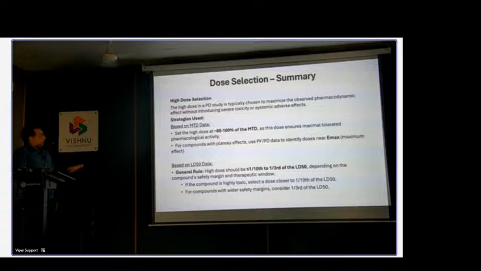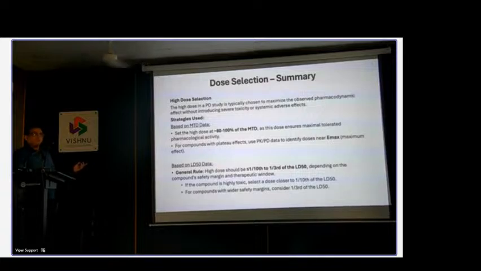So that is important when pharmacokinetic data is available. And the lethal dose, as I said, there is a general rule of how many folds less. If you have to rely on the LD50 value, there is a rule for the dose you need to establish.